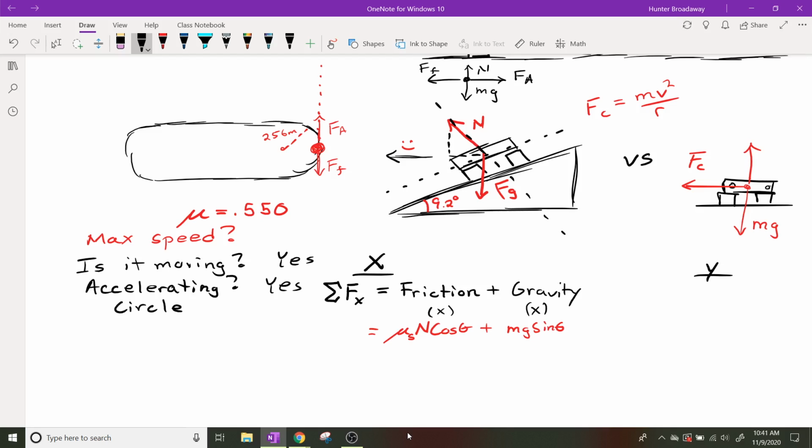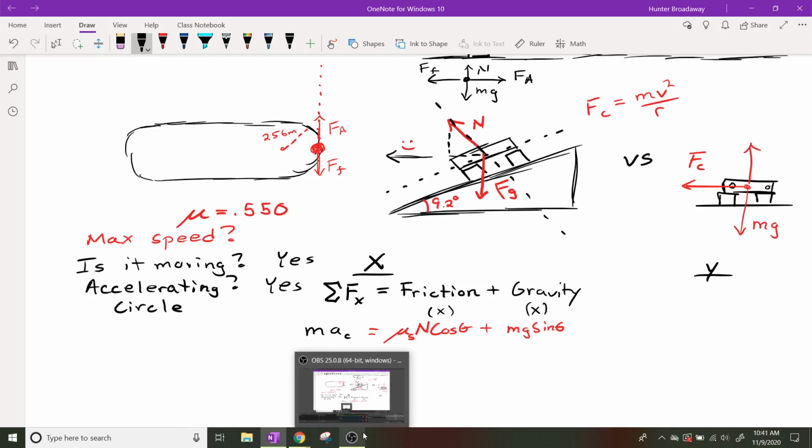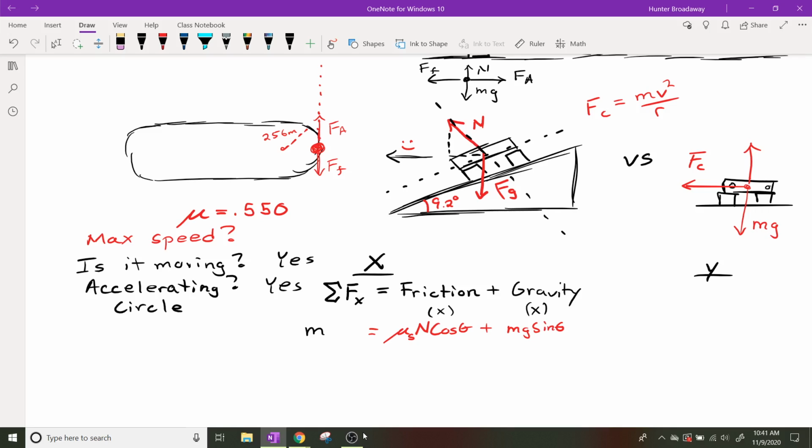Okay, and since there is acceleration happening, all of this is equal to what? Mass times acceleration. What kind of acceleration? So I can change this acceleration to a, which means I can change the AC to a, it is not an air conditioning unit, no. There we go, mv squared over r.